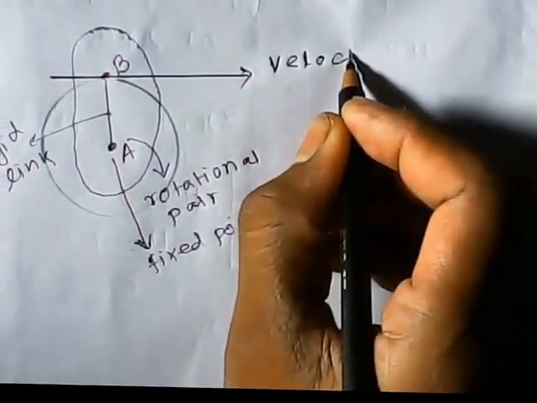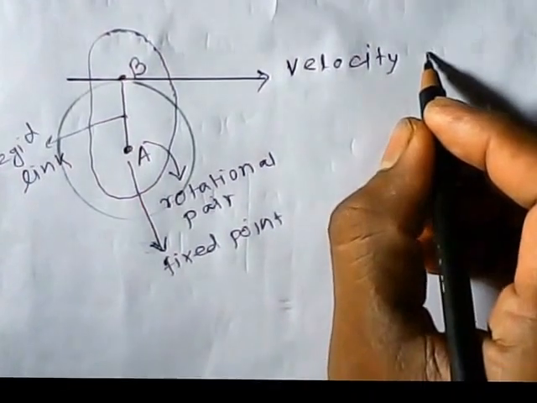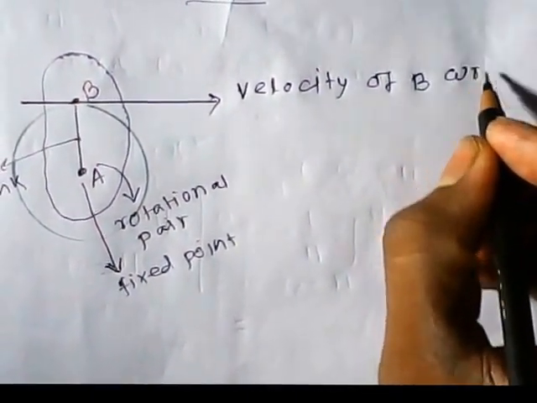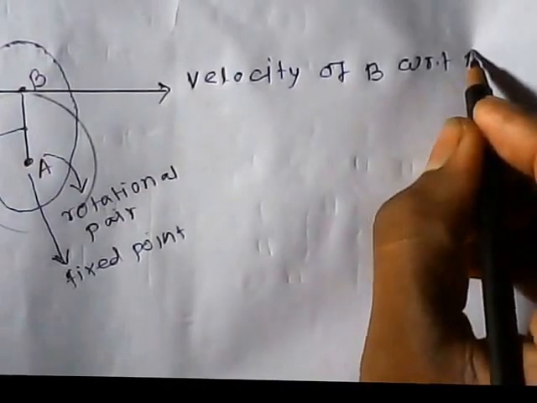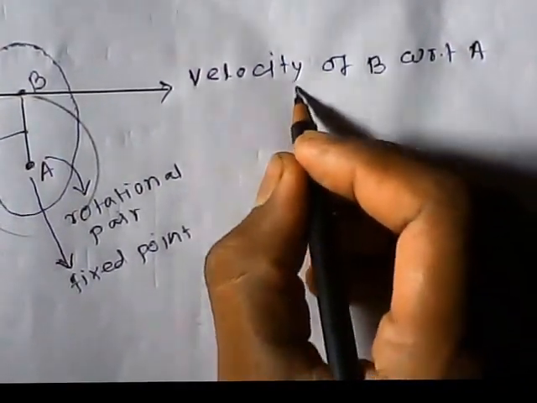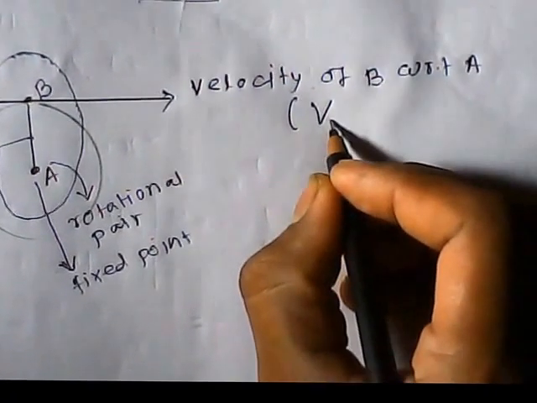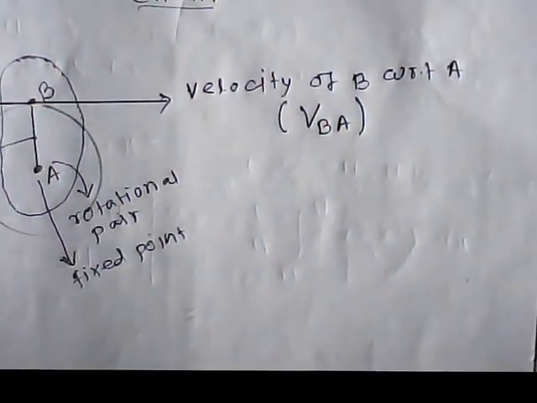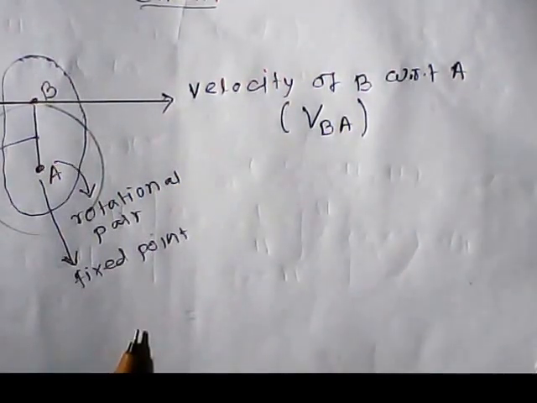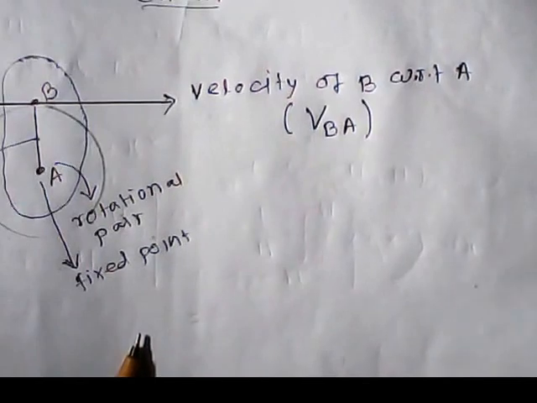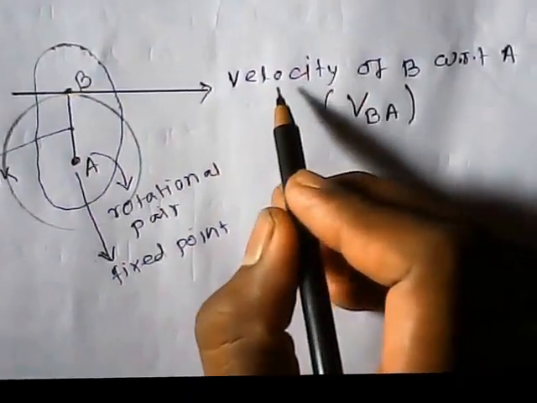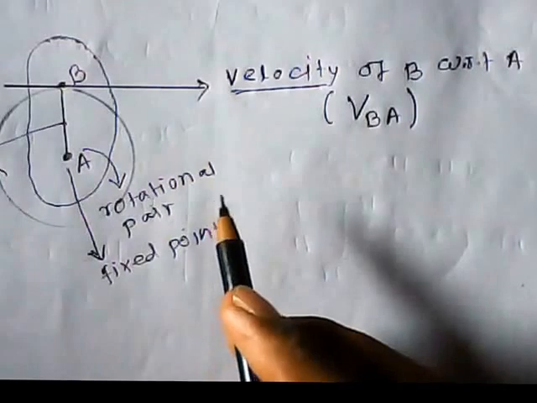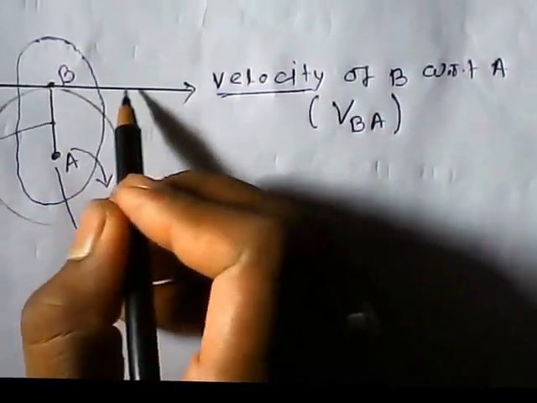We know, so the velocity of point B, we find the velocity of point B with respect to a reference, a fixed point, that is A. The velocity of B with respect to A, that is denoted as VBA, velocity of B with respect to A. As we know, the velocity is a vector quantity, so it has direction as well as magnitude.